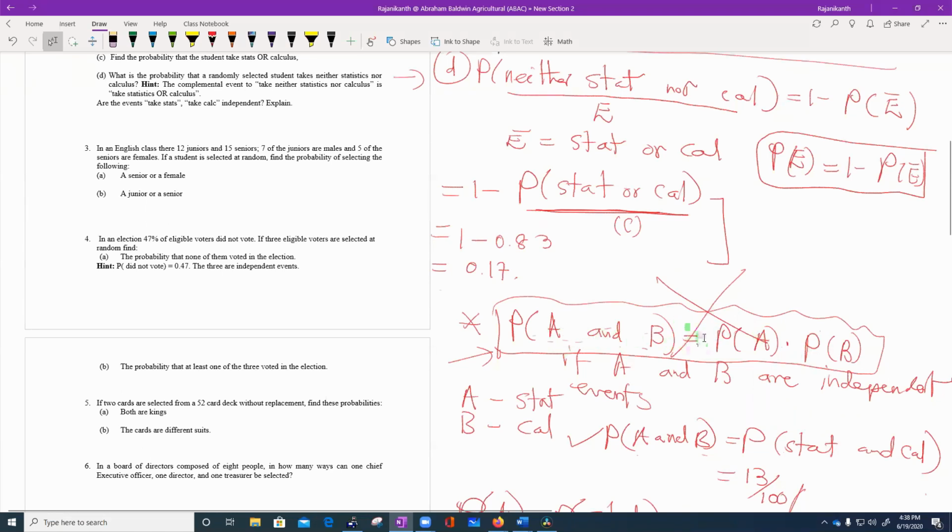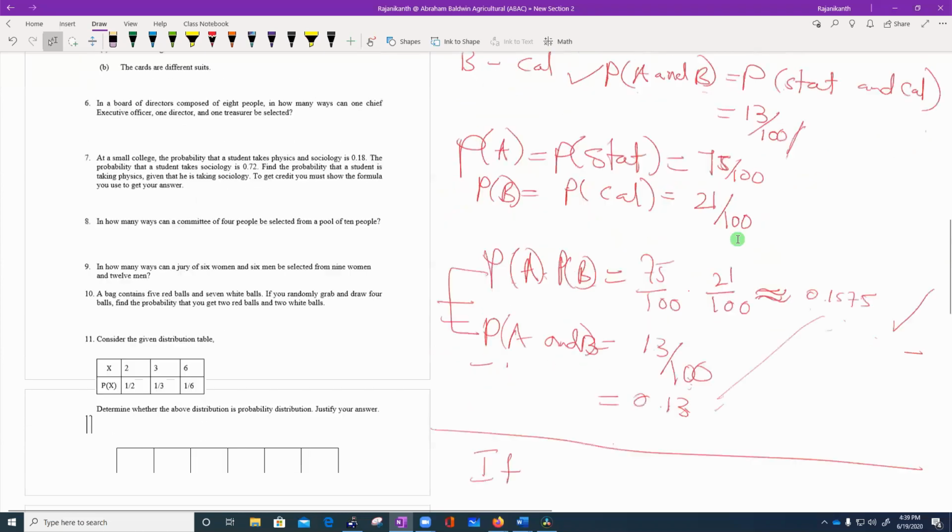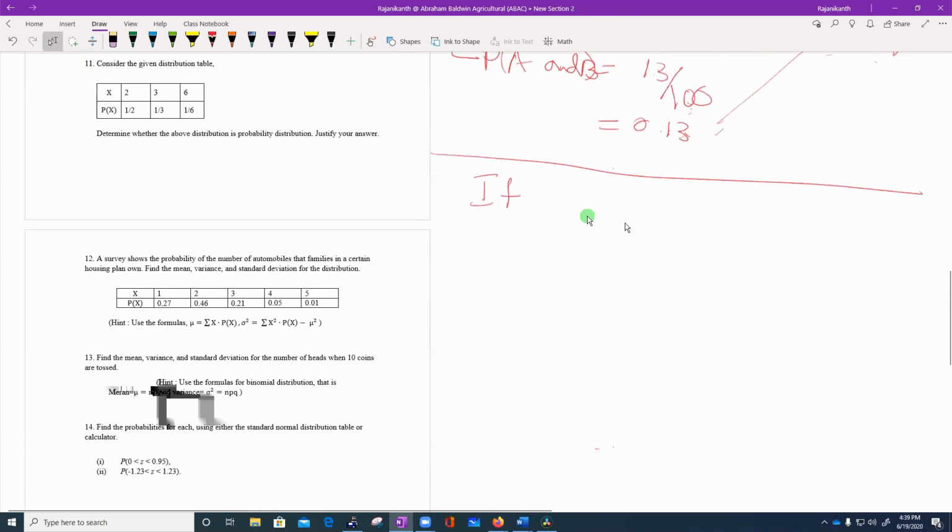Is there any other way to check if it's dependent or independent, or do you have to do all this? There is another way. This is the basic way I explained, but the easy way is this.